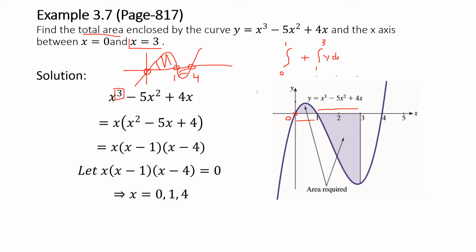Same concept. Here is a small rectangle, here also a small rectangle, and with the same dx. So this is also y and dx.